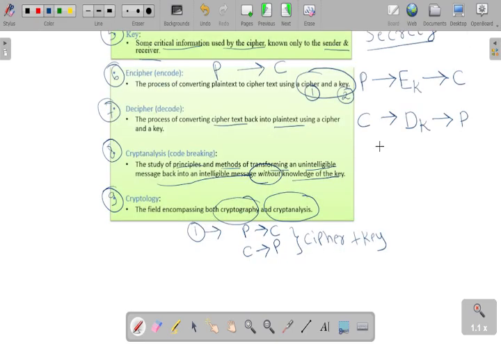But in cryptanalysis, we don't have knowledge of the key. Without knowledge of the key, our unintelligible message is converted into intelligible format. The combination of cryptography and cryptanalysis is called cryptology.